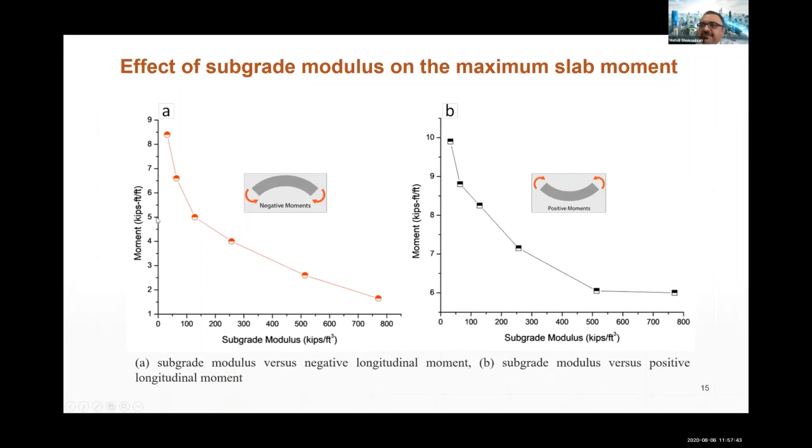So with the 5, we have to have almost 140 pounds per cubic foot subgrade modulus. But the problem is, in an actual site, we don't have that stiff soil. So I don't know if that answers your question.